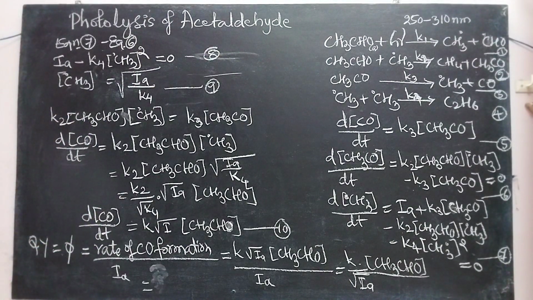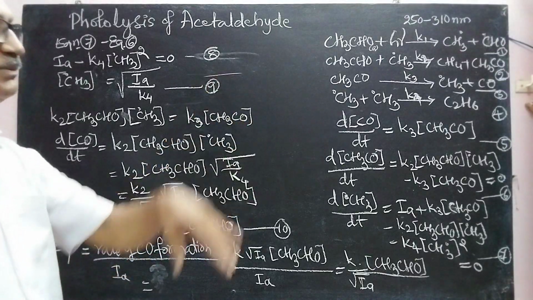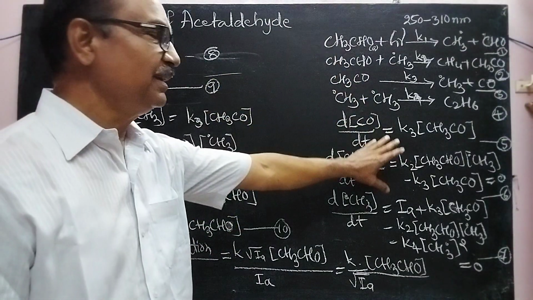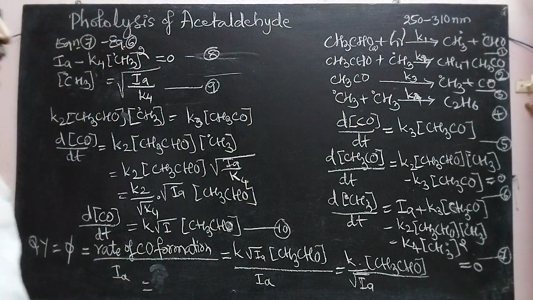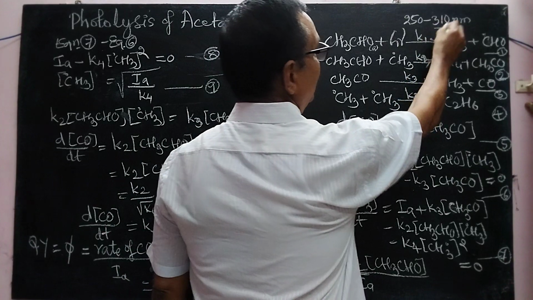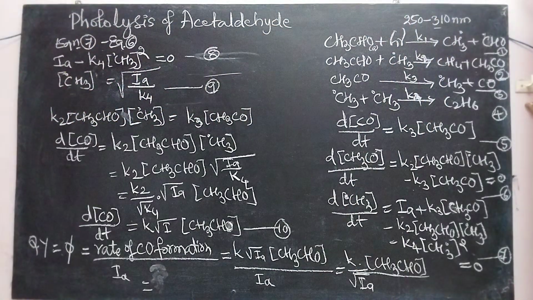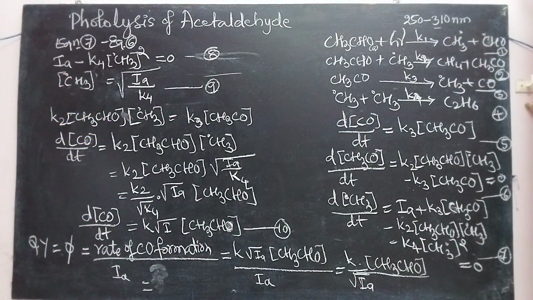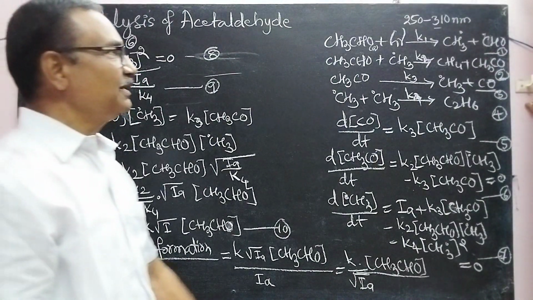Okay, one thing. Then what happens with the decrease of pressure? With the decrease of pressure, the rate of reaction increases. This is one way. But actually it depends upon the wavelength of the light radiation, or the energy of the light radiation.